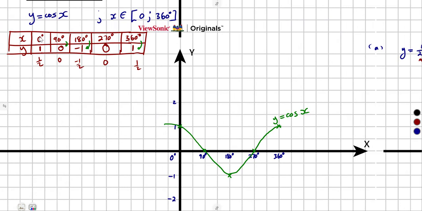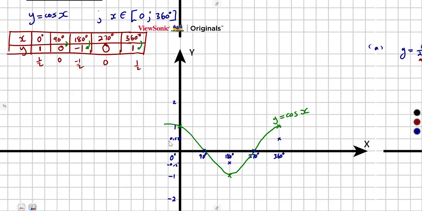So instead of us having 0 versus 1, we are going to be having 0 versus half. So half, that's 0.5 somewhere there. This is where we're going to have our point. 90 versus 0 is going to be there. 180 is going to be versus what? Minus half, minus 0.5. 270 versus 0. 360 versus what? Versus 0.5.